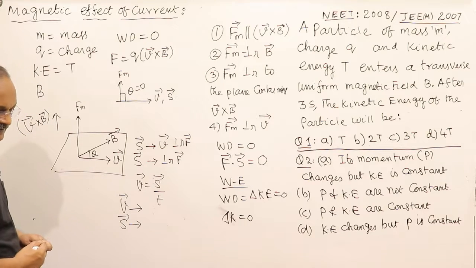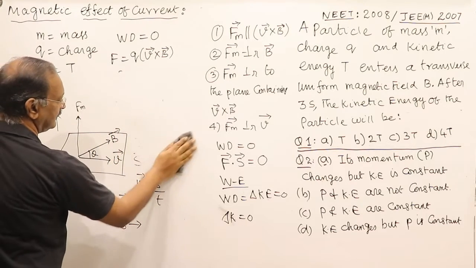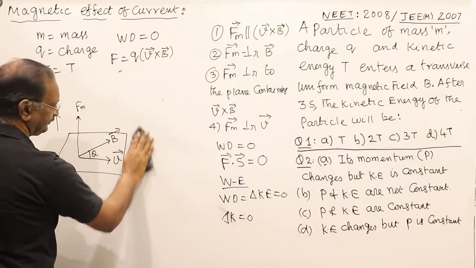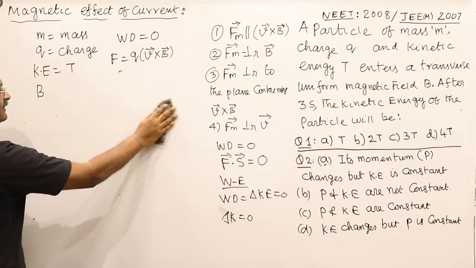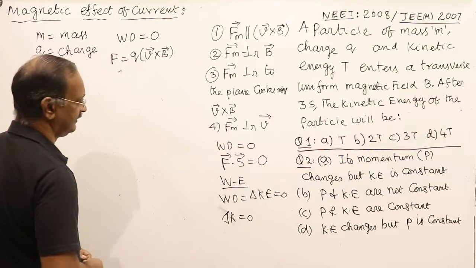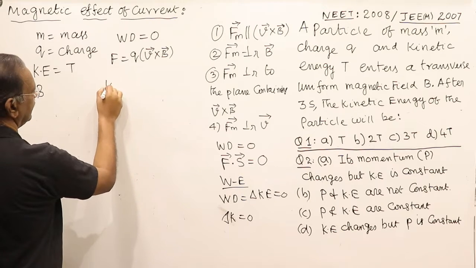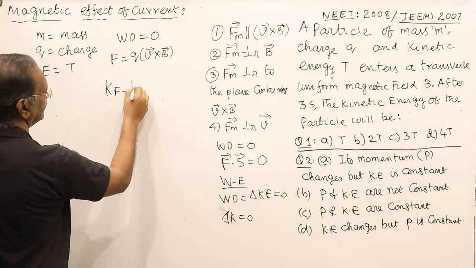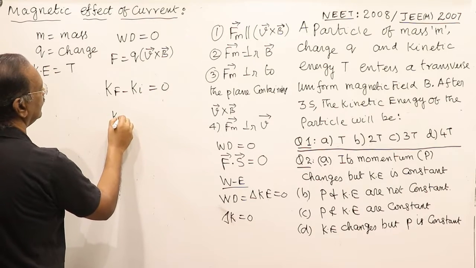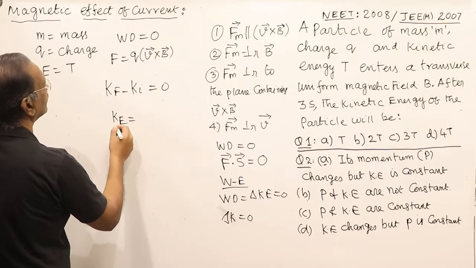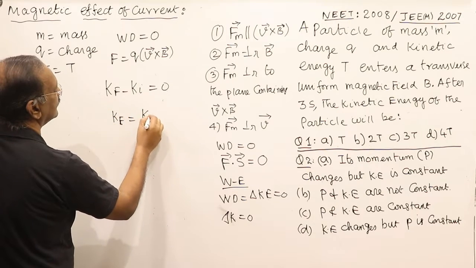Change in kinetic energy is final kinetic energy minus initial kinetic energy, which is 0, so final kinetic energy equals initial kinetic energy.